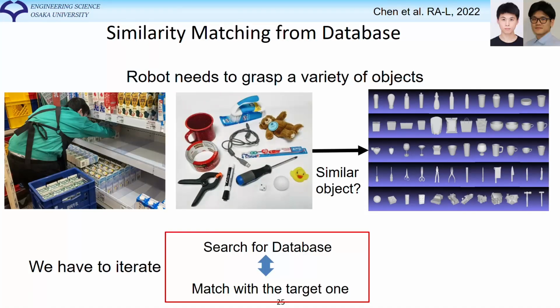But it is not realistic to prepare 1,000, 10,000, or 100,000 models of the items. So our approach tries to find a similar object, and by using the model of the similar object, the robot performs the task in the service retailer.